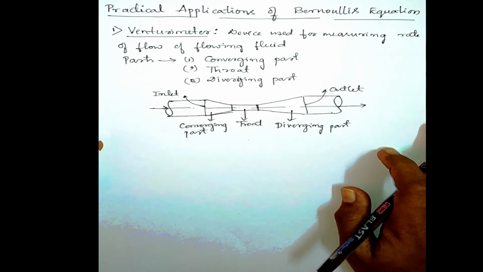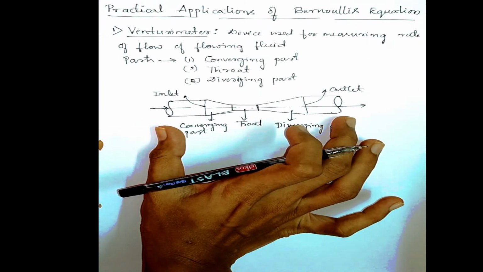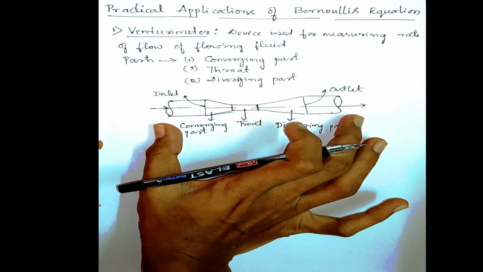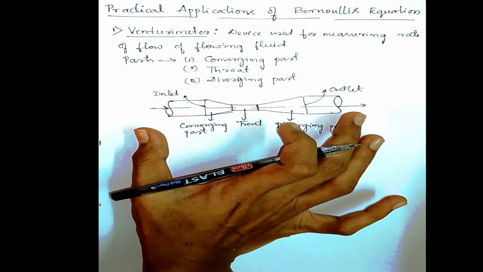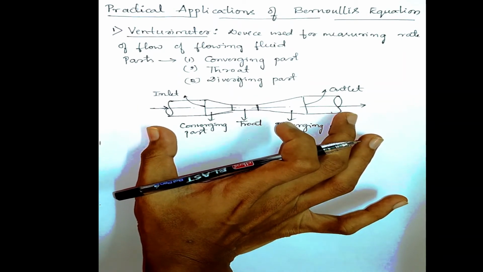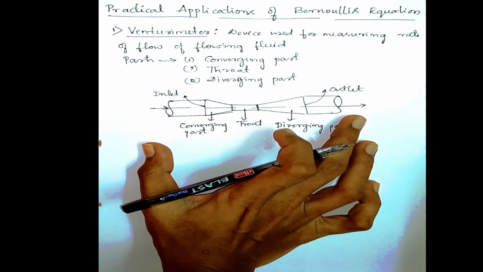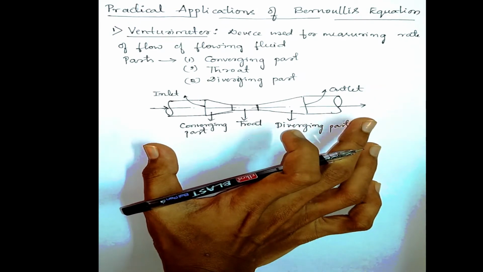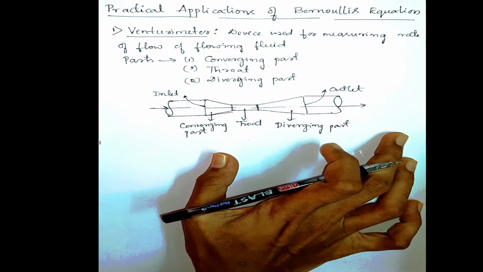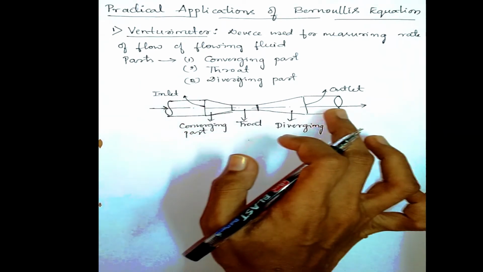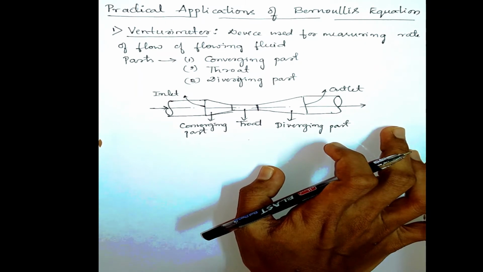We have considered a horizontal Venturi meter, fitted in a horizontal pipe, where the fluid is flowing inside.